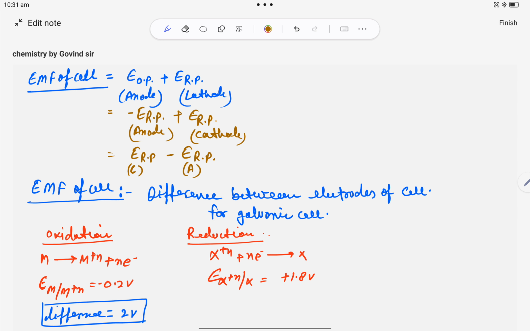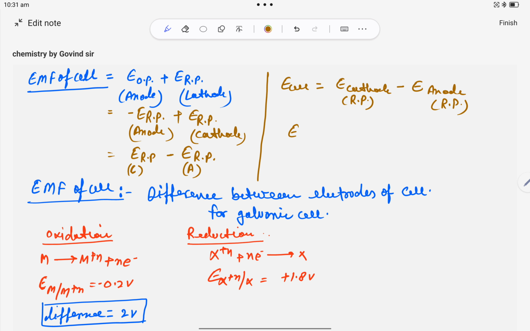So E cell, that EMF, E cell is equal to E of cathode minus E of anode. E means electrode potential. In both the cases you have to put the reduction potential value, because IUPAC suggests only reduction potential value.